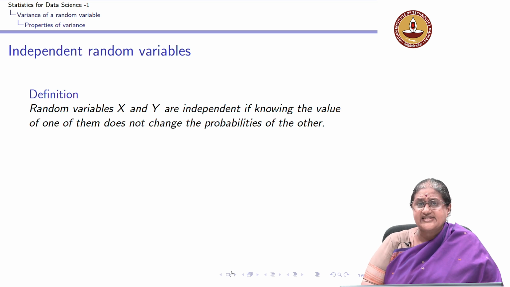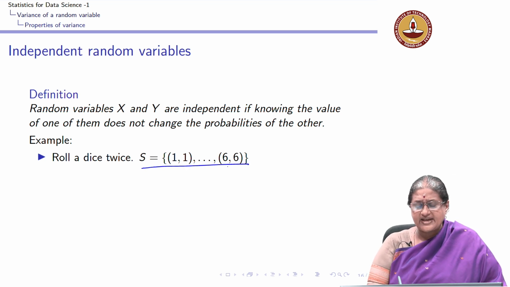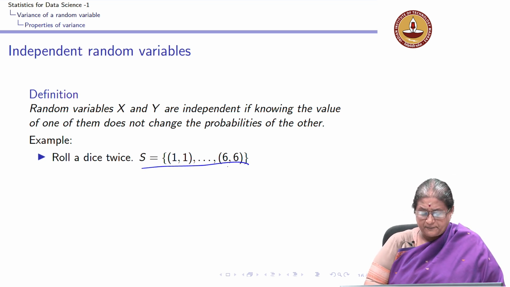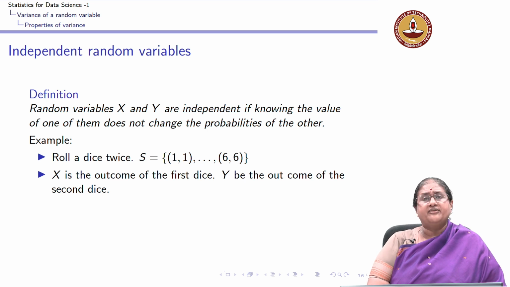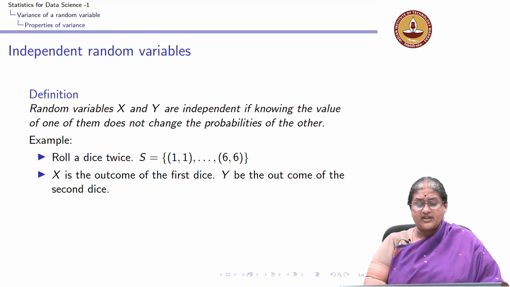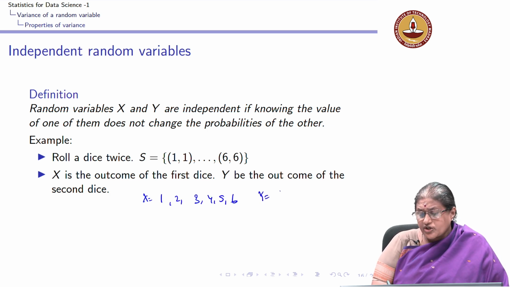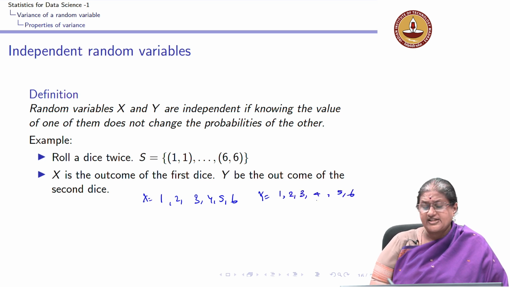Let's look at an example. Again, roll a die twice. I know this is my sample space. Now, let x be the random variable which is the outcome of the first die, and let y be the outcome of the second die. I know x takes the values 1, 2, 3, 4, 5, 6. Y also takes the values 1, 2, 3, 4, 5, 6.